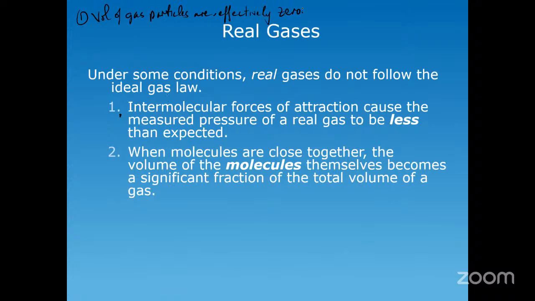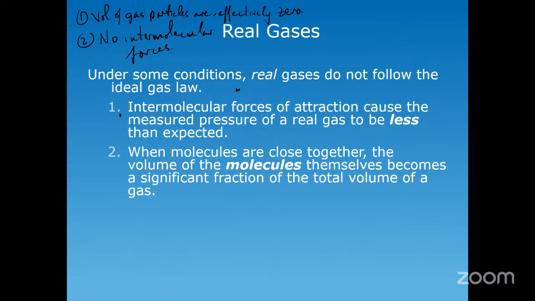The second assumption we're making for an ideal gas is that there are no intermolecular forces between the gas particles, right? These are the two basic assumptions that we're making when it comes to ideal gases, all right?